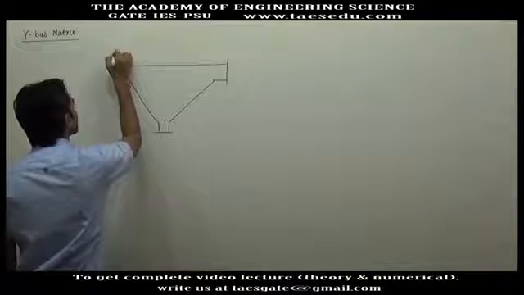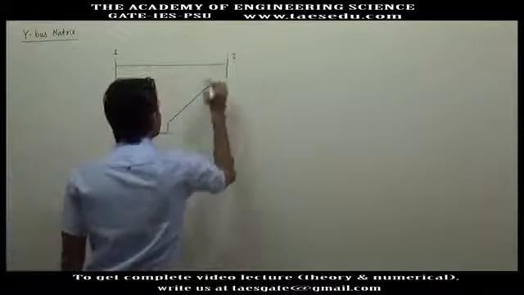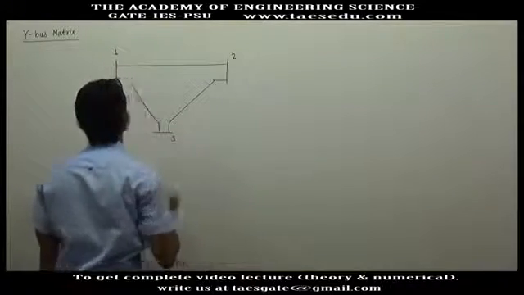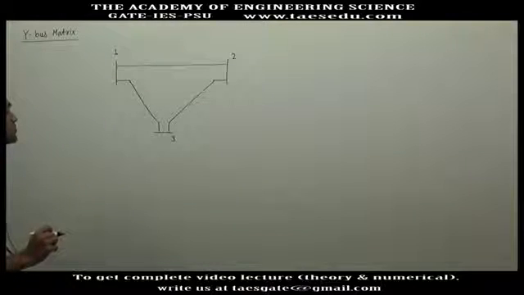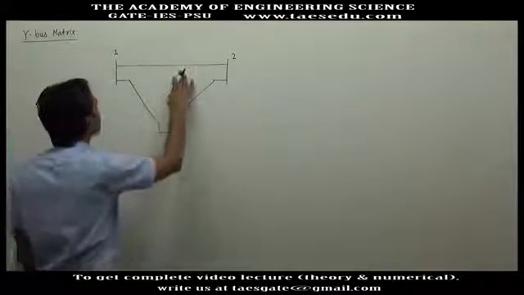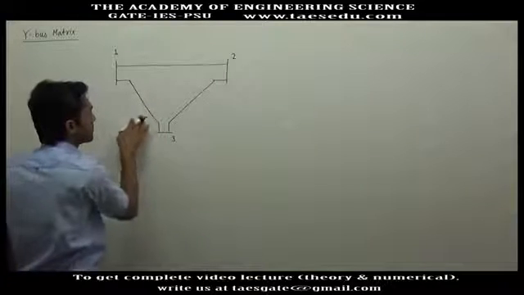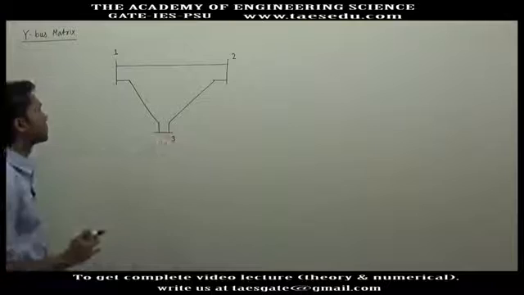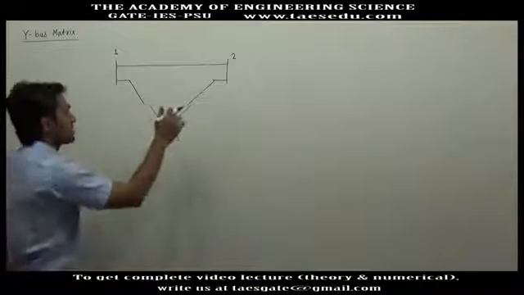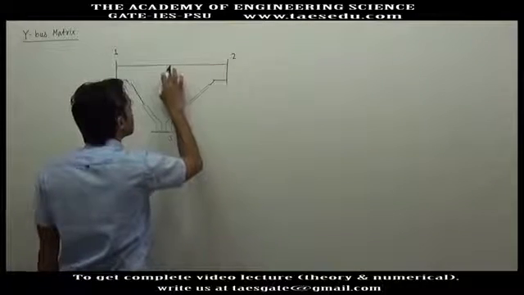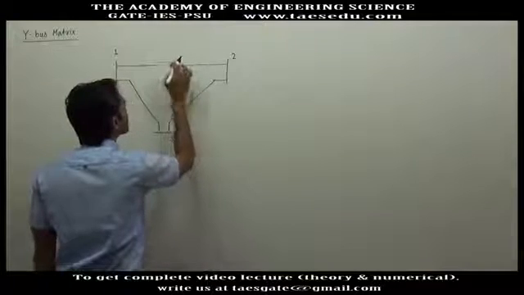Let's say this is bus 1, this is bus 2 and bus 3, and here is the transmission line which connects bus 1 and bus 2. Similarly, this transmission line connects 1, 3 and 2, 3. The buses are connected to each other, and there will be some impedance of the transmission line.